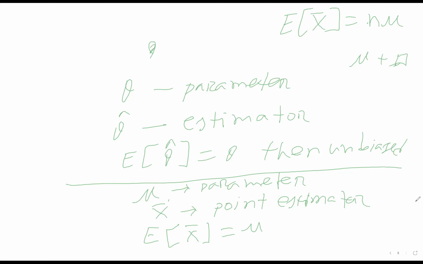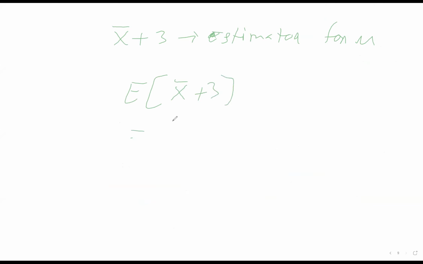So for example, if you use x bar plus 3 as an estimator for mu, then the expected value of x bar plus 3 is equal to the expected value of x bar plus this number.